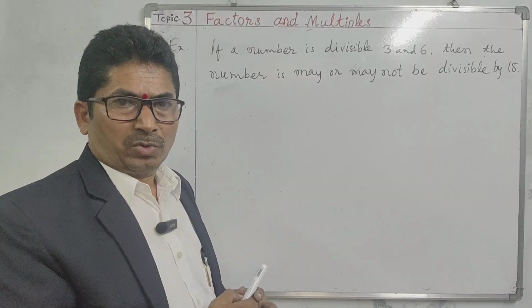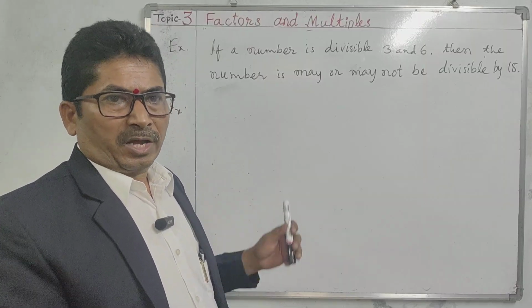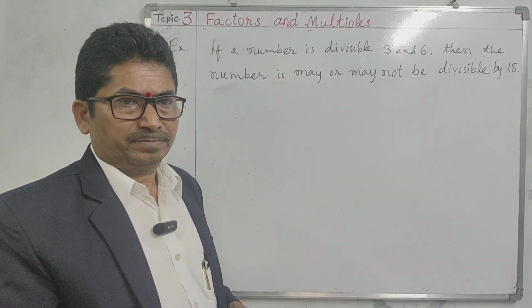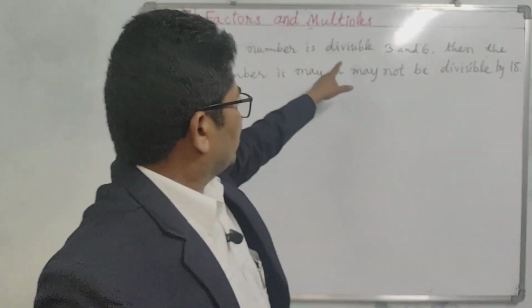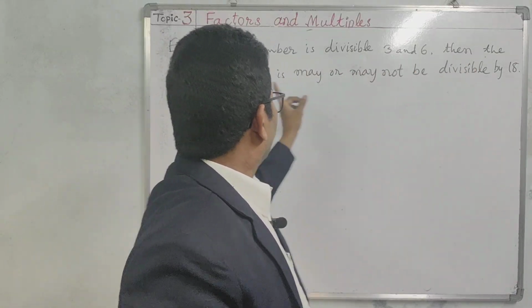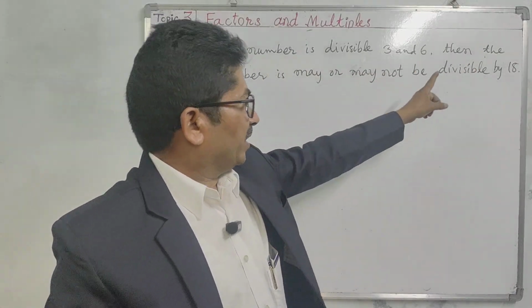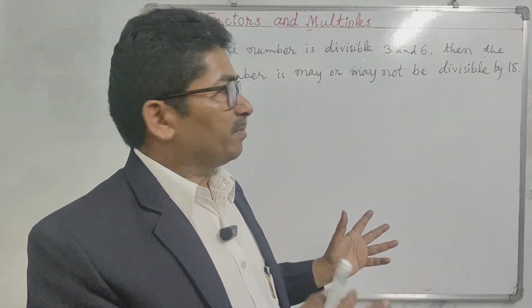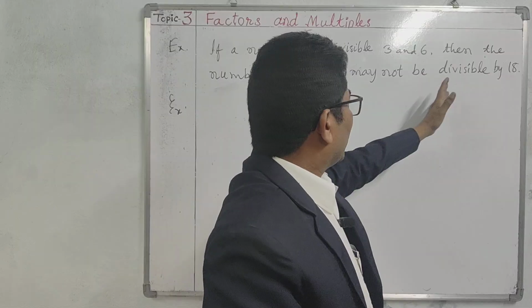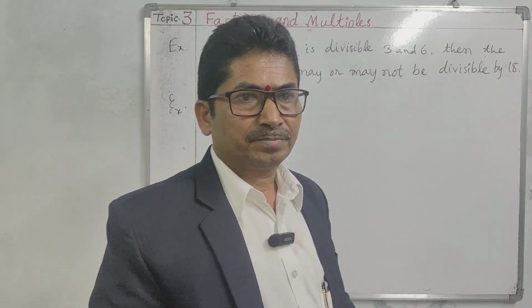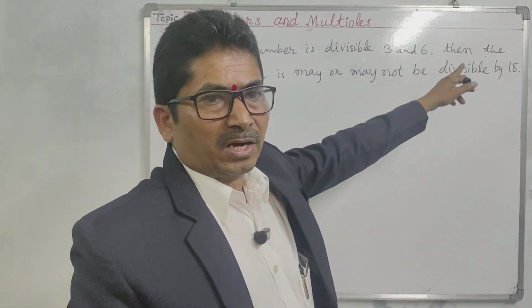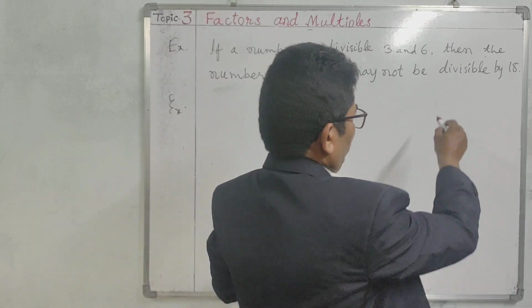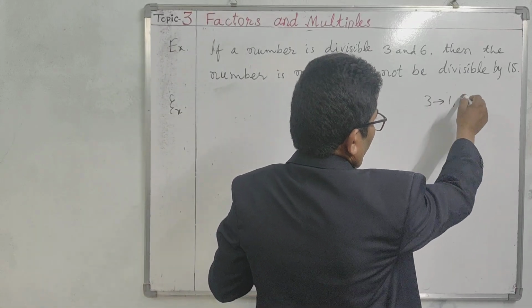To understand the note, I am giving one more example here. If a number is divisible by 3 and 6, then the number may or may not be divisible by 18. So why may or may not be divisible by 18? Here 3 and 6 are not co-primes. Factors of 3 are 1, 3.